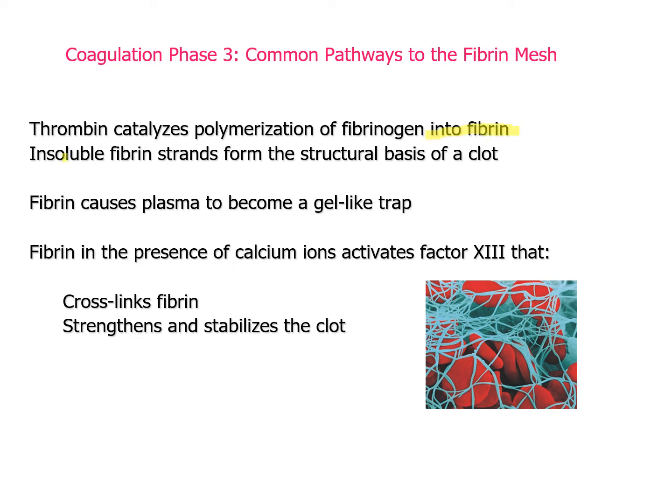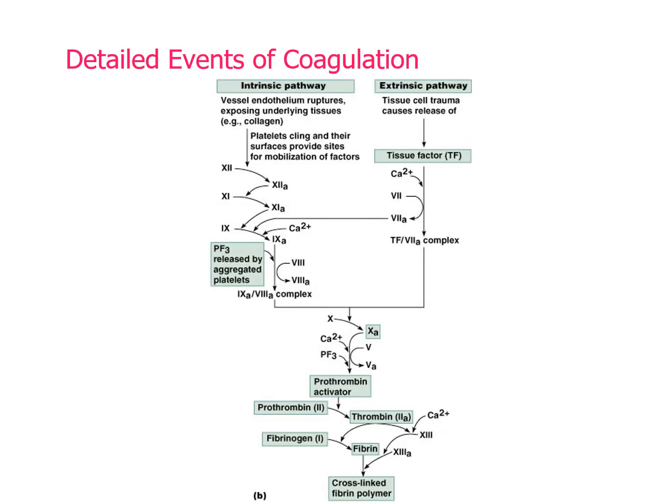And the fibrin are insoluble strands that form a meshwork and the structural basis of the clot. So the fibrin forms this gel-like trap, and then cross-linking occurs due to activation of factor 13, which strengthens and stabilizes the clot. Okay, then that's blood coagulation or clotting. All right, here you go.